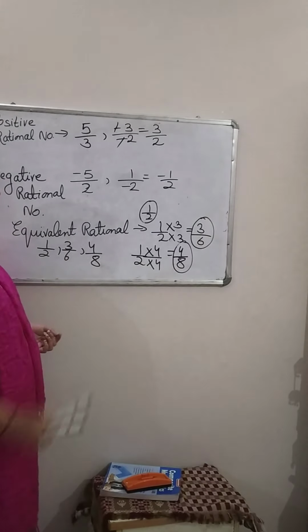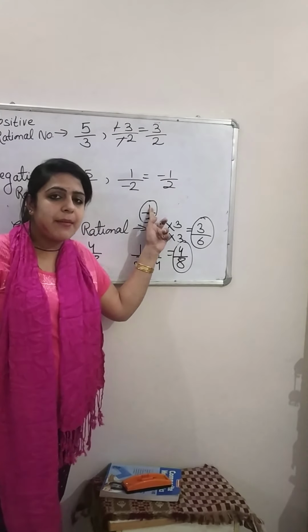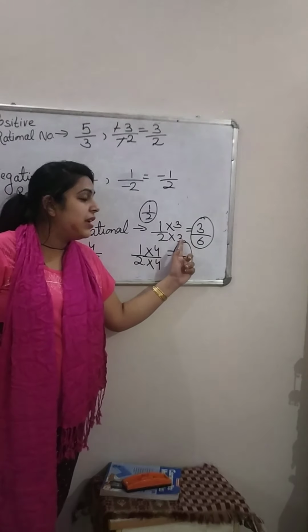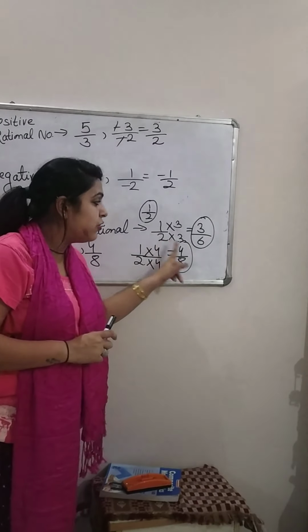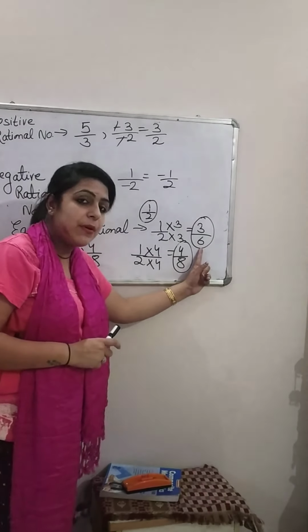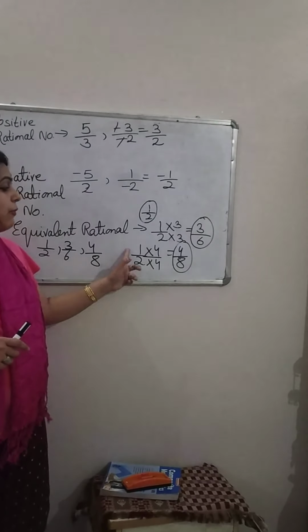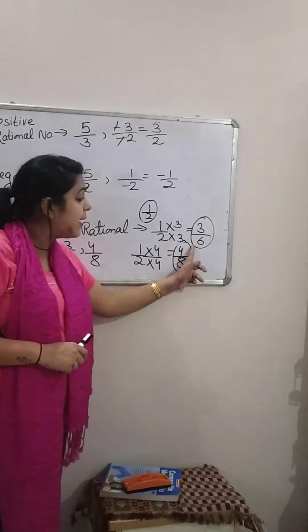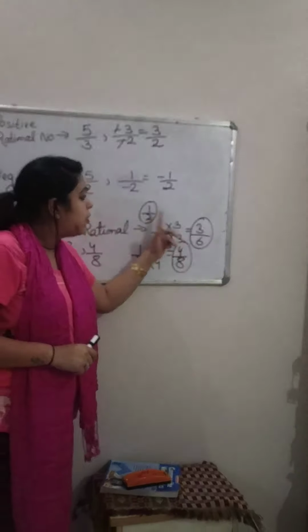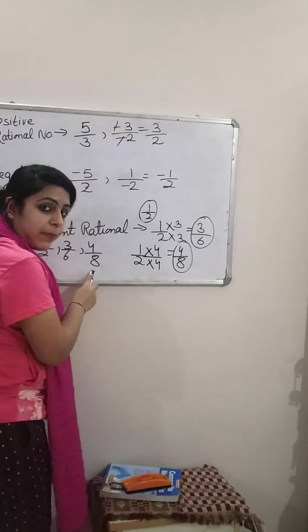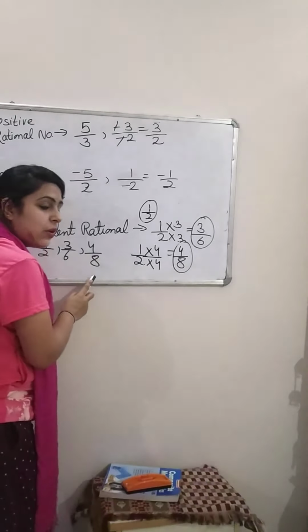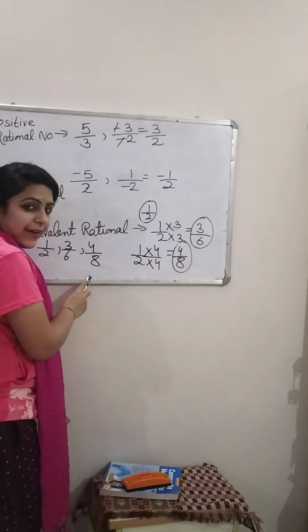Equivalent rational numbers are those where, from one rational number, I multiply the numerator and the denominator by the same number. See, 1 also by 3, 2 also by 3. It becomes 3 upon 6. Similarly, 1 by 4, 2 by 4. It becomes 4 upon 8. So all these three, 1 upon 2, 3 upon 6, 4 upon 8 are equivalent rational numbers. Alright?